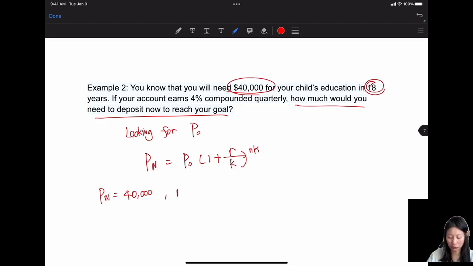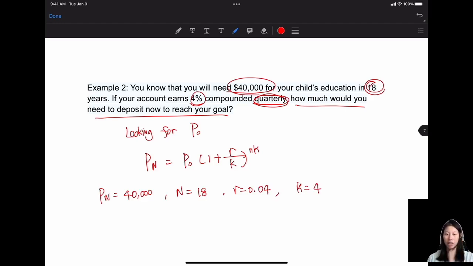So the time is going to be 18 years. And then you're going to earn 4%. So that means the rate equals 0.04. And compounded quarterly means you're going to compound 4 times in a year. So k is equal to 4.